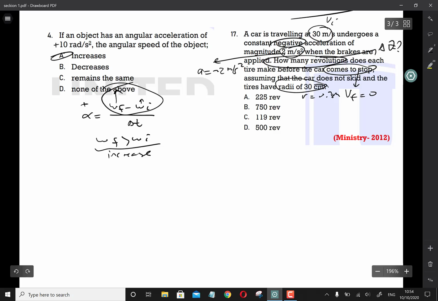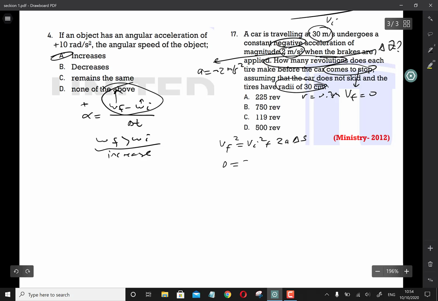Here also there is no time interval given. That's why we are going to use the fourth equation. But linear data is given in this question. First, we should calculate delta S by using the linear equation v final squared is equal to v initial squared plus 2a delta S. After that, using this delta S, we can calculate delta theta. Final speed is 0 because it stops.